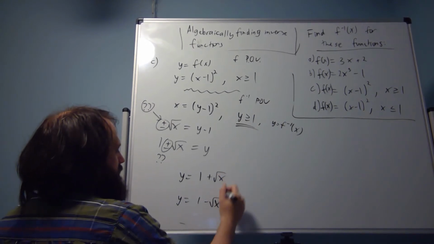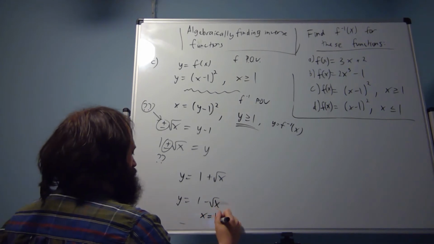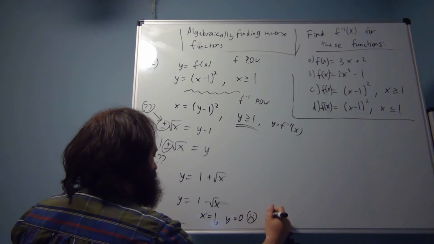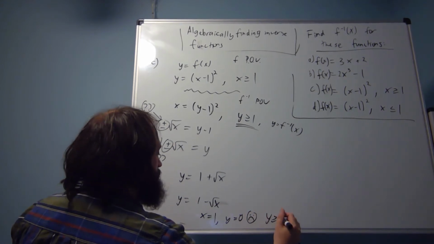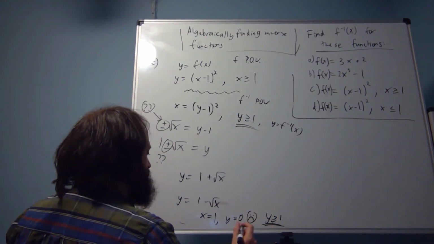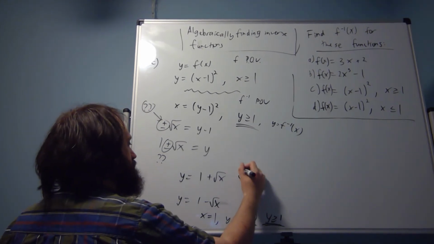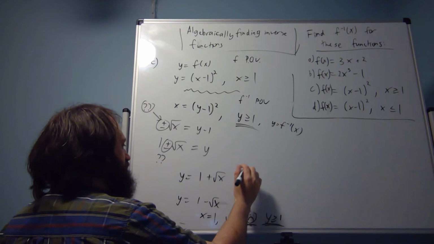And if x equals 1, then y is equal to 0, which is a contradiction. Which means we're happy with this one.